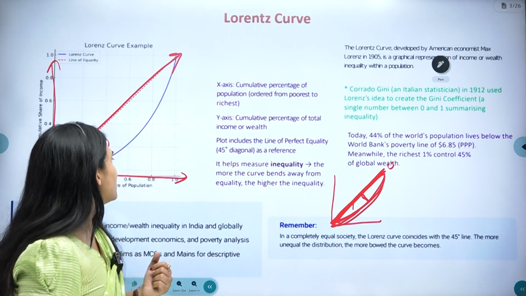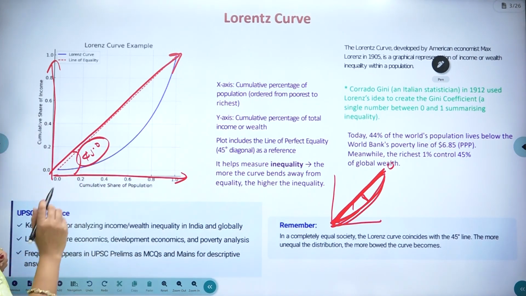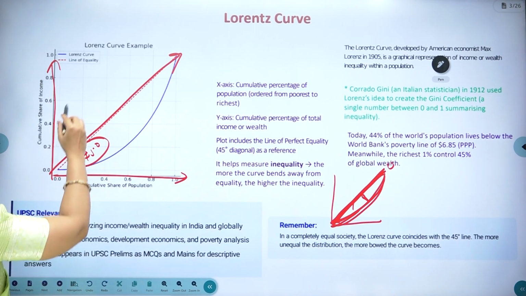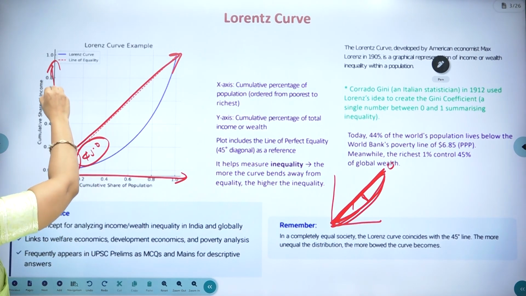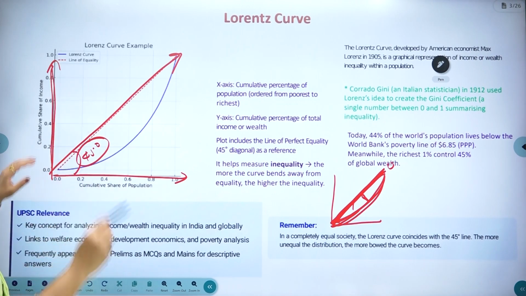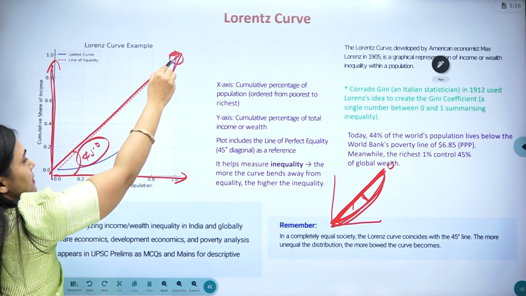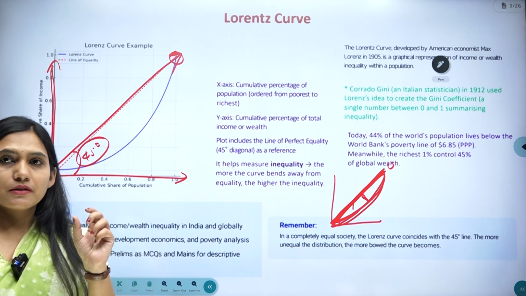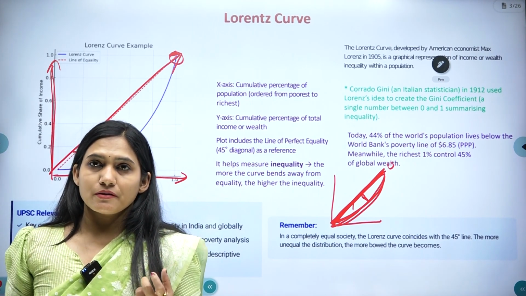Income inequality. So here also we can see that the maximum amount of income is controlled by lesser share of population.